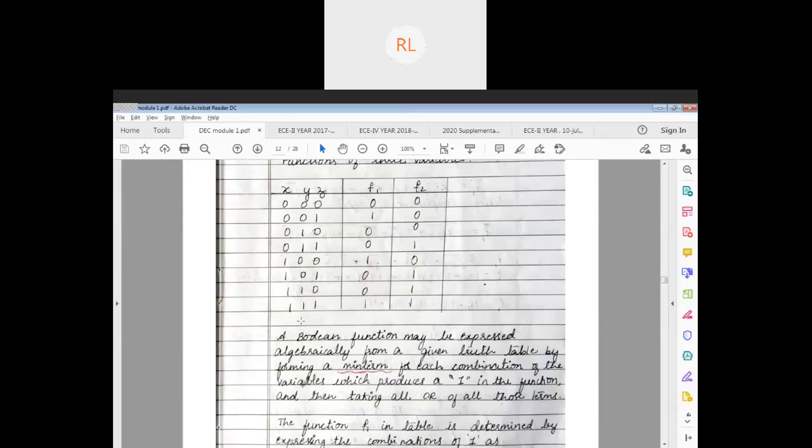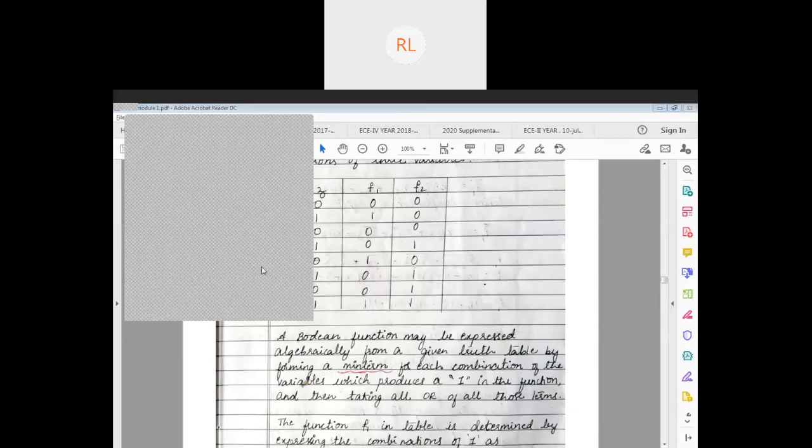So let us take one example. I've used 3 zeros till 3 ones, which is m0 to m7, and I have two different functions, f1 and f2.